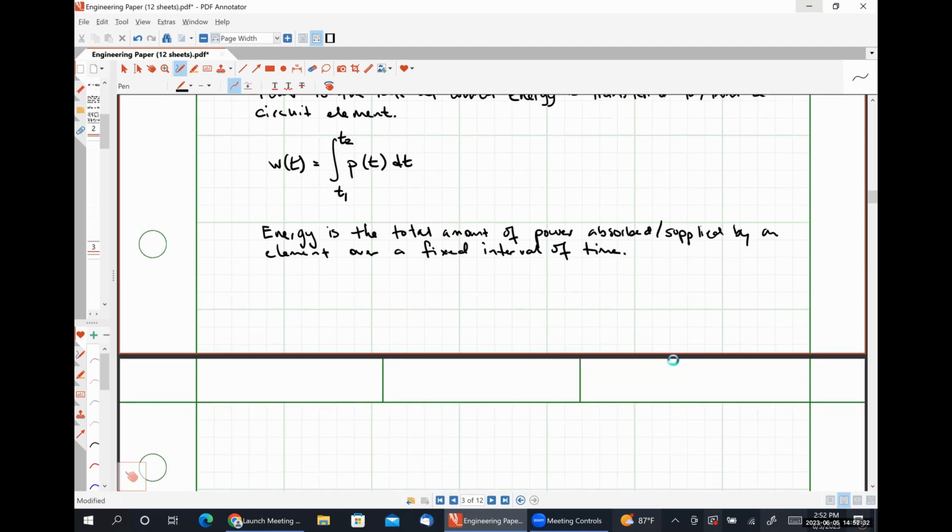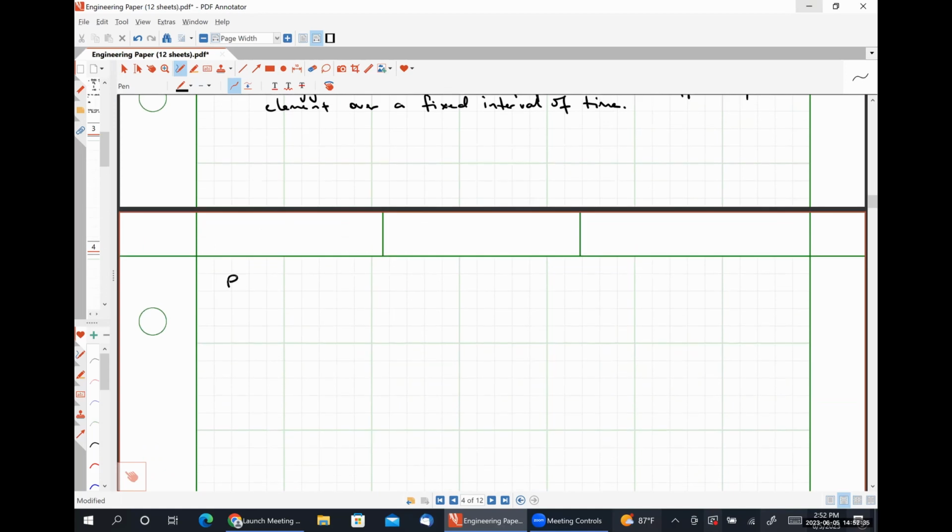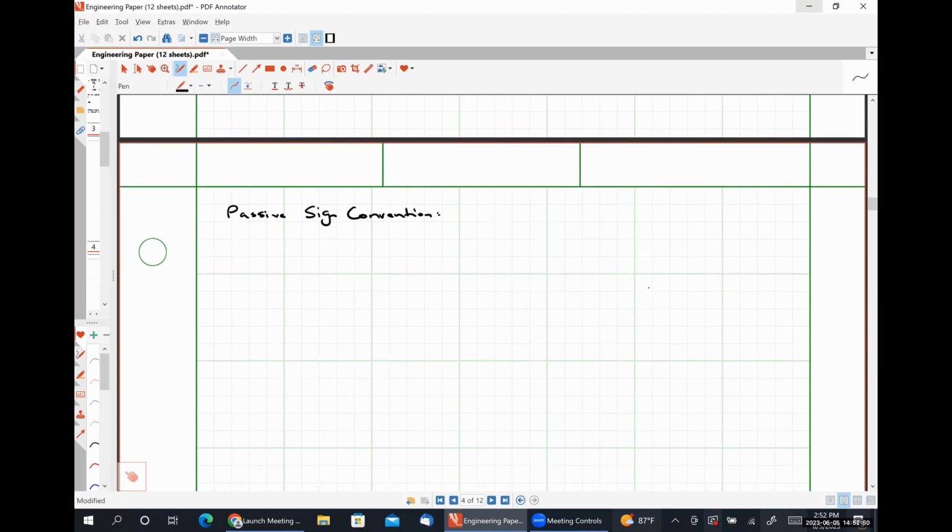So this is the passive sign convention, in a nutshell. Let's say that I have some generic circuit element A, like so. And I am going to extend the terminals of element A out like this. Let's say that A is part of a larger circuit.